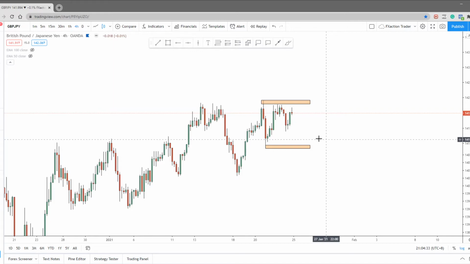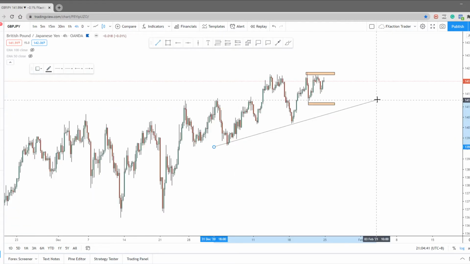Overall we can see that the market is still in an uptrend structure, but one of my concerns is that the market has not broken this H4 resistance level. So I will not go for a buy trade at a resistance level.